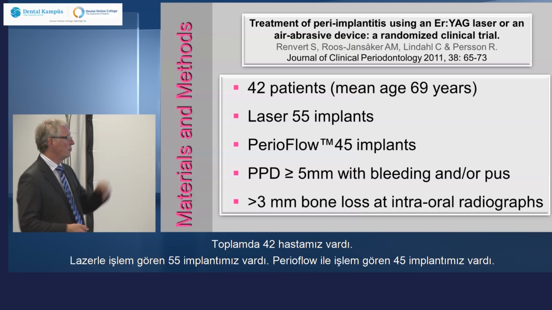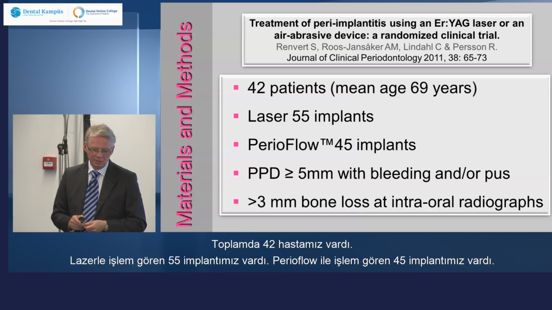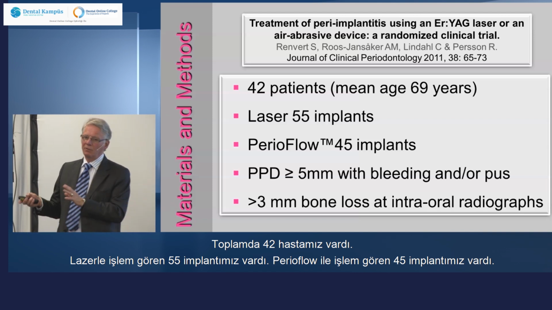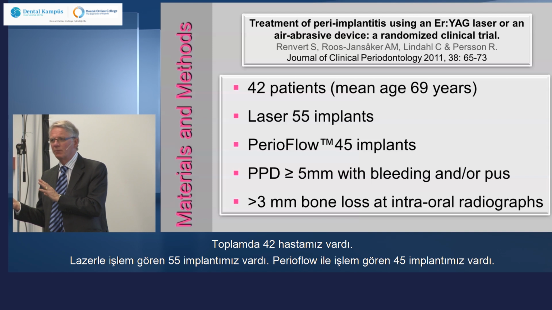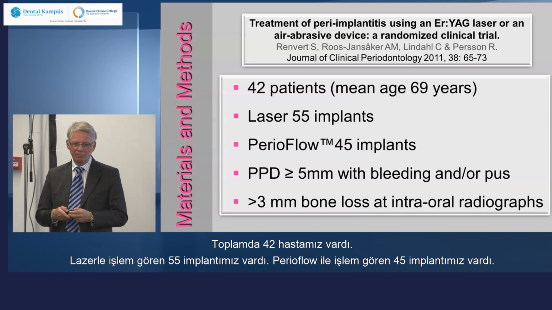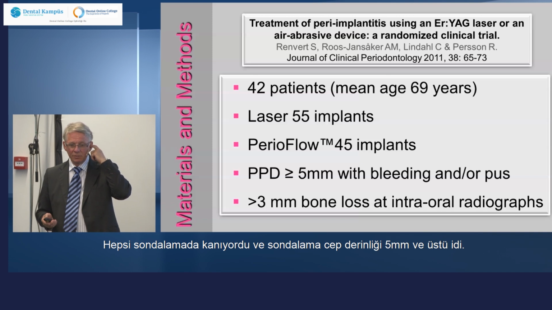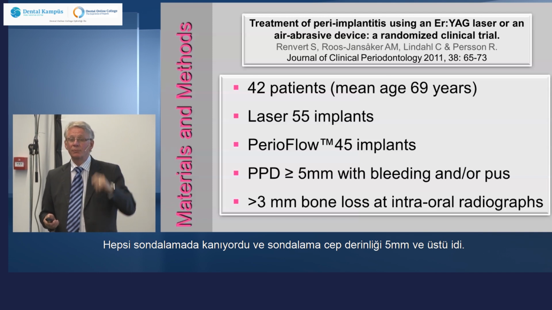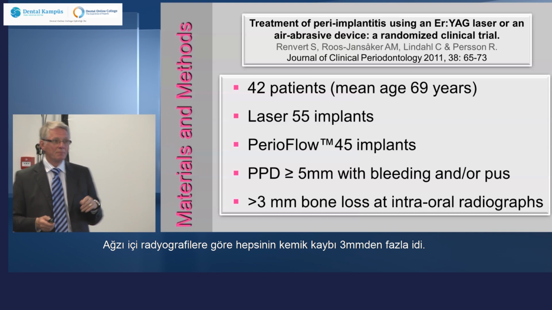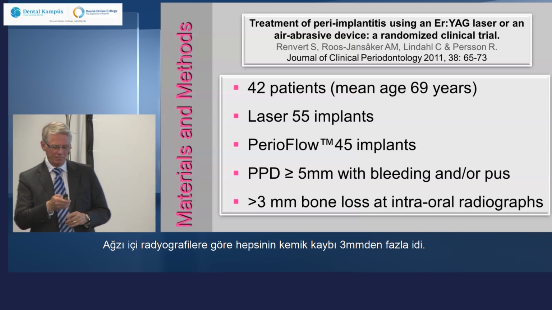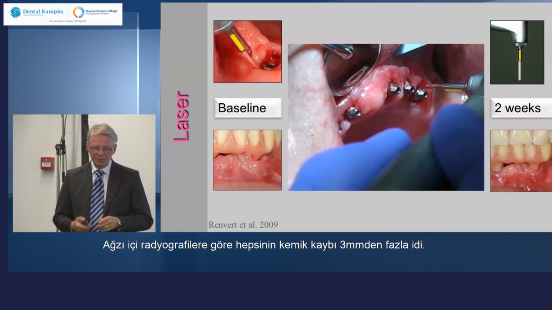So we had in all 42 patients, and we had 55 implants treated by the laser, and 45 implants treated by the PerioFlow. They all had bleeding on probing, of course, probing depth more than or equal to 5, and they had more than 3 millimeter bone loss assessed from the intraoral radiograph.